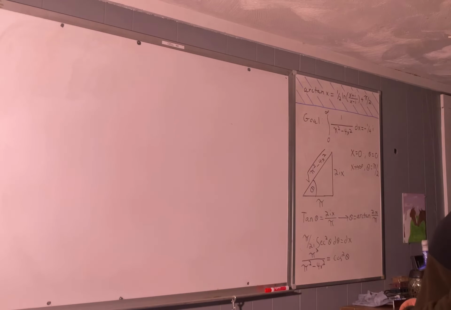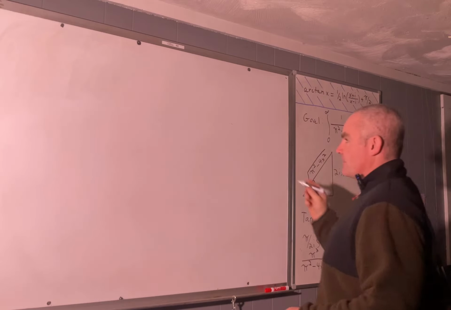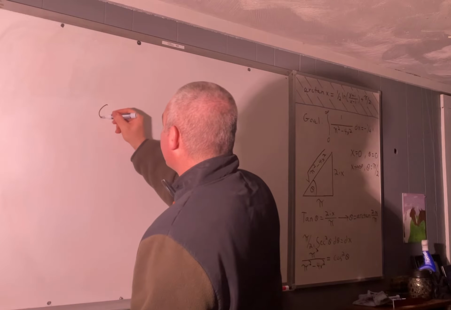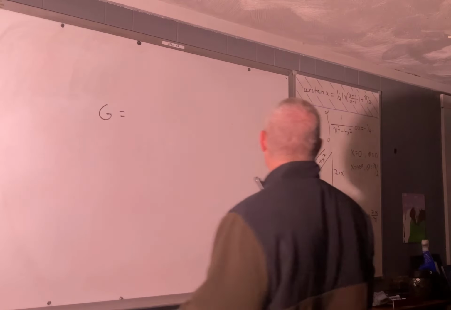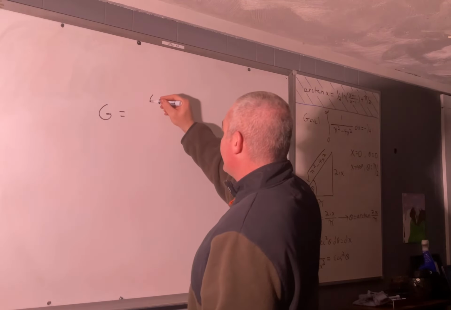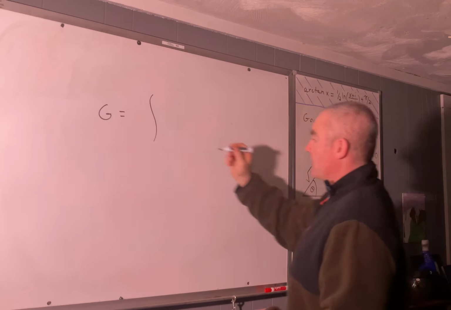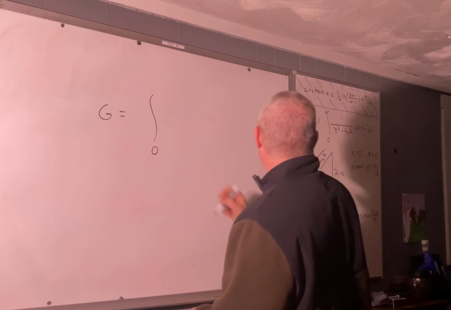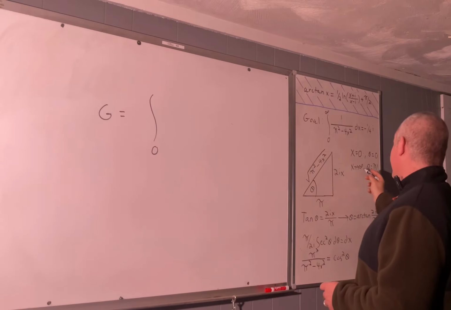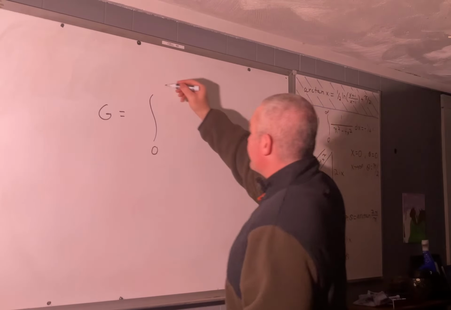So, what are we actually doing? We're trying to show this. So let's use our substitution on that. We'll call our goal integral g, and that's equal to, let's see, our change of bounds says that as x goes to 0, theta goes to 0. And it says that as x approaches infinity, our theta would approach pi over 2.